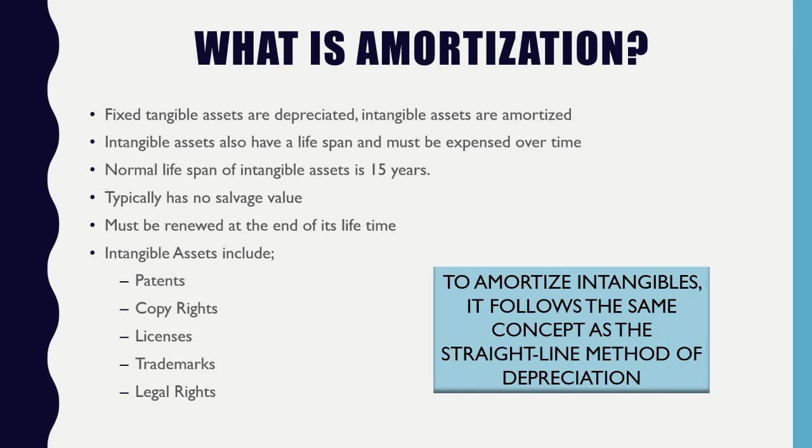At the end of their license, they have to renew the contract to continue using the copyright. Does that make sense? So at the end of intangible assets, there is no salvage value. There is no value after it's been expired.